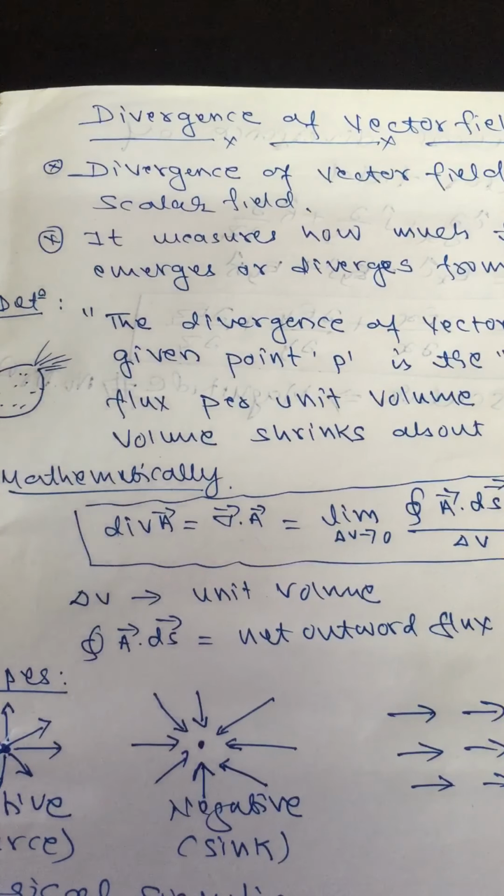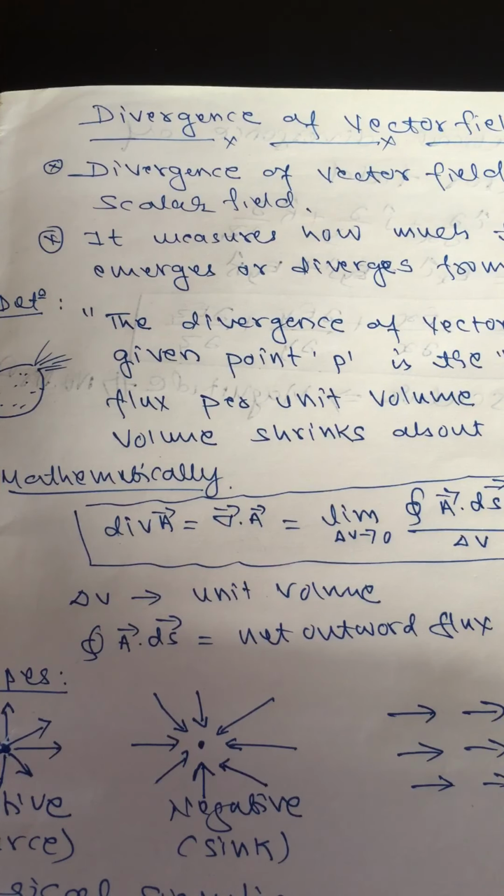So the divergence of the vector field gives a scalar quantity, how much flux is flowing outward per unit volume. It does not give any direction. That is the physical significance of the divergence of the vector field.